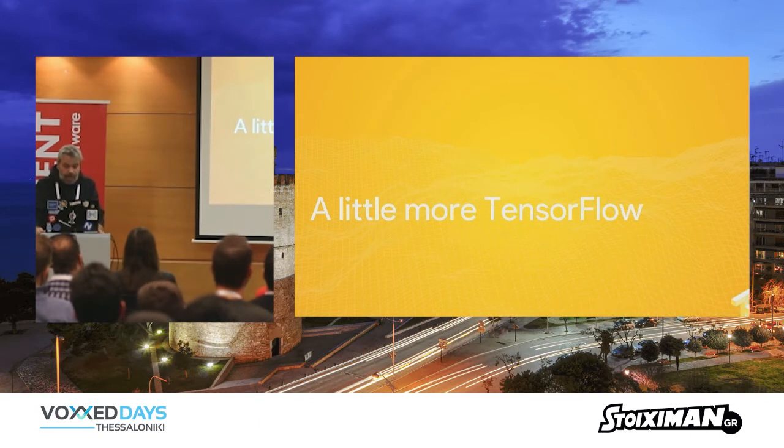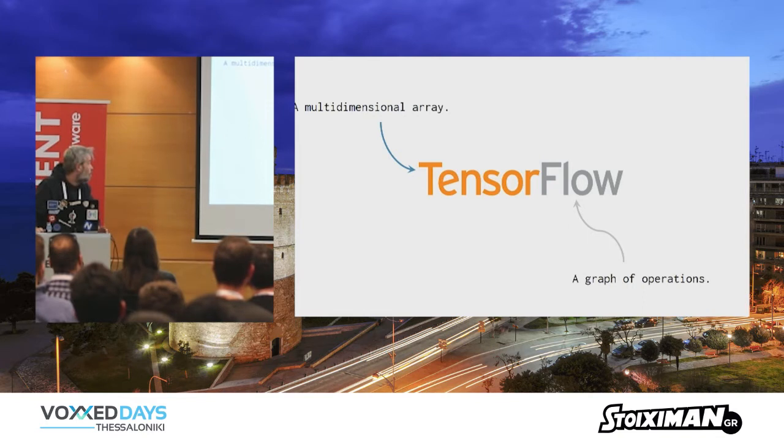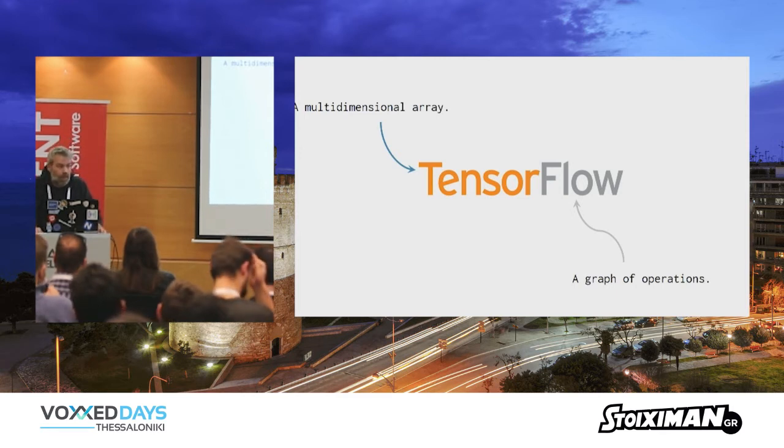A little bit more about TensorFlow. We said that a tensor is a multidimensional array, which means, what is an array? An array could be a number, 7, it's a tensor. It could be a vector, or a list, a matrix. A matrix is a tensor. And what do we say about flow?